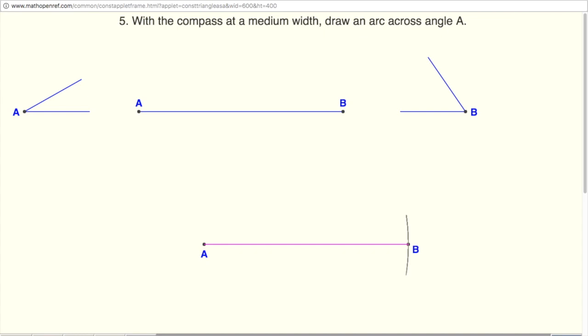Then with the compass at a medium width, draw an arc across angle A. So that's the original angle you were given.